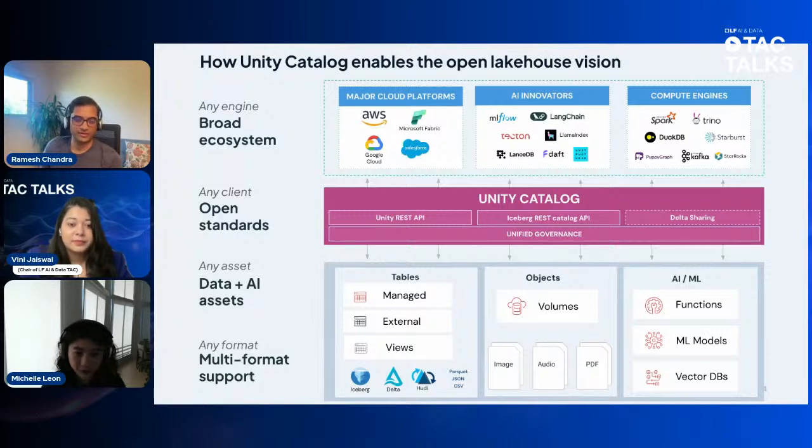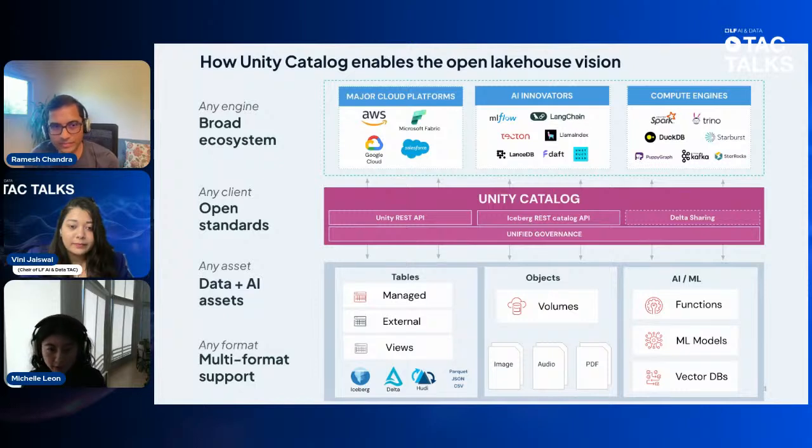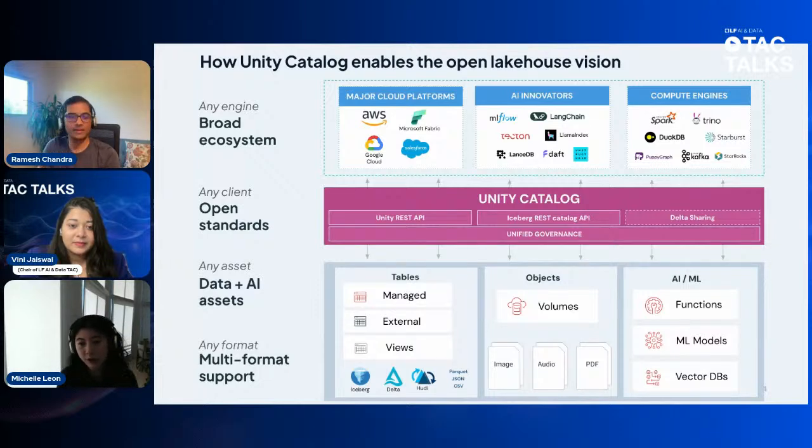Yep, absolutely. So speaking of that, maybe I'll dive a little bit into our architecture diagrams, sorry, for Unity Catalog, and how it enables this open lakehouse vision that I just talked a little bit about.